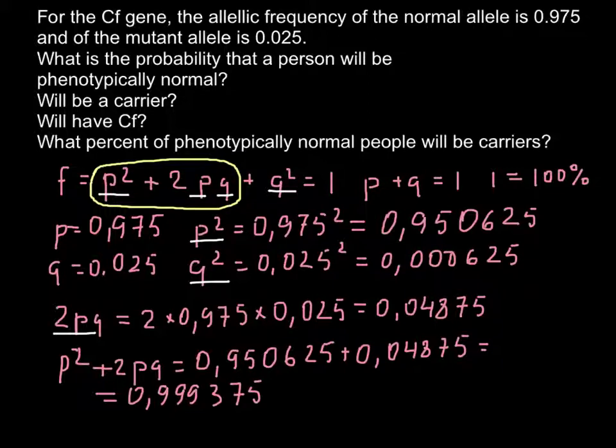So this is how many phenotypically normal people would be in this population.